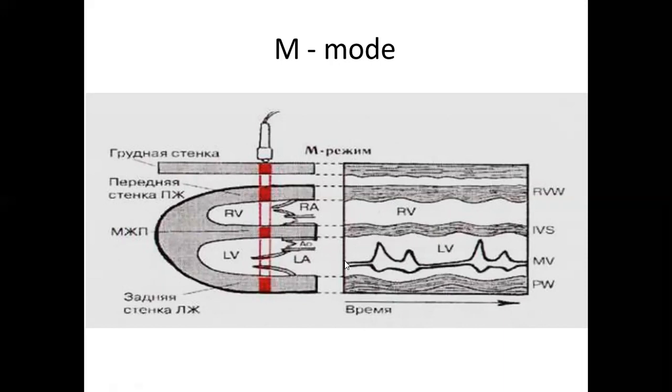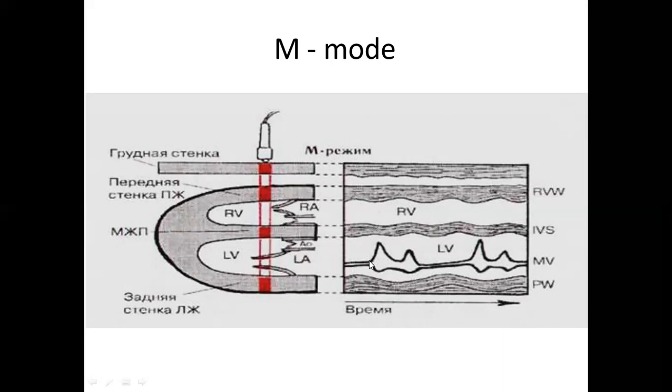And you can see the movement of the anterior leaflet, you can see it right there, and the posterior leaflet of the mitral valve. So what does it actually mean? When we have opening of the valve, this anterior leaflet is going to be closer to the probe, and the posterior leaflet is going to be more distant from the probe.